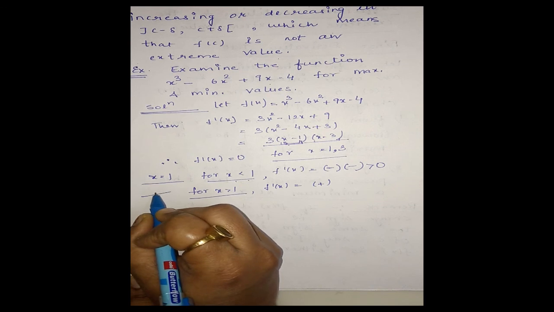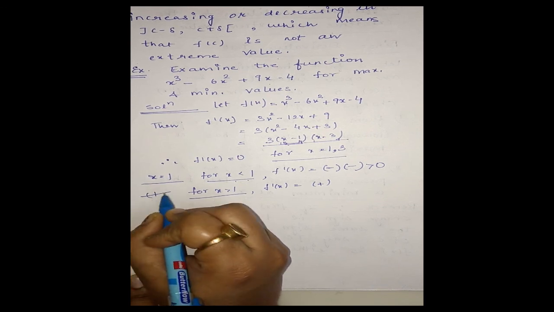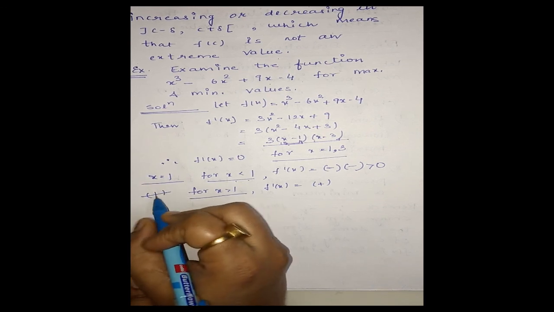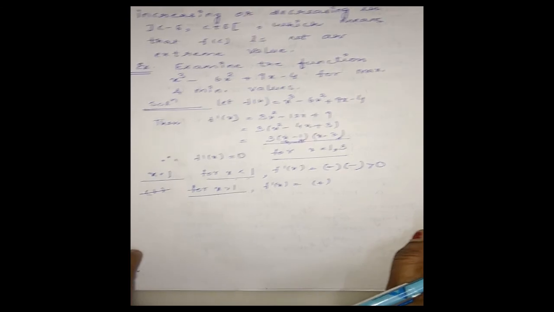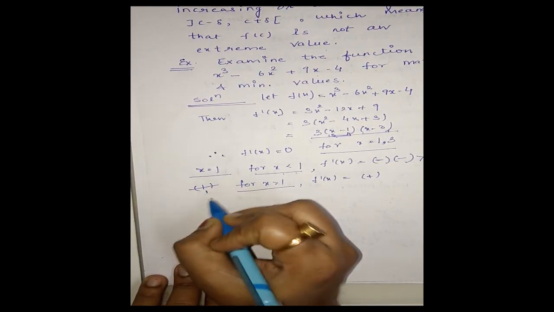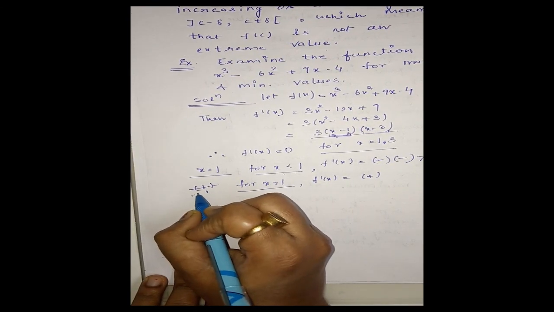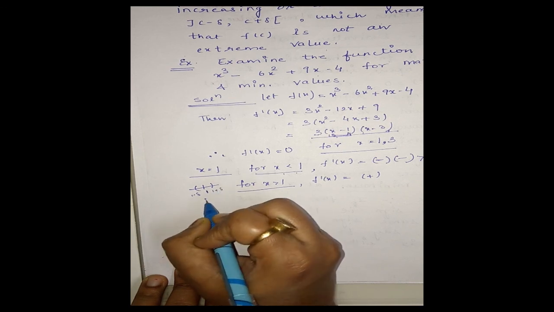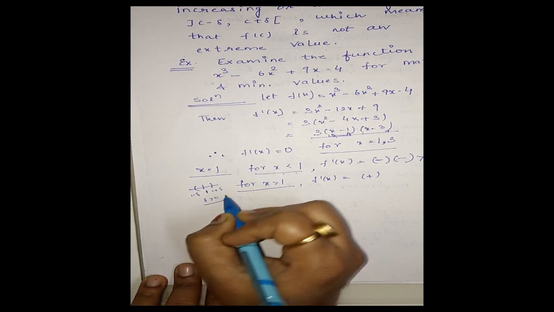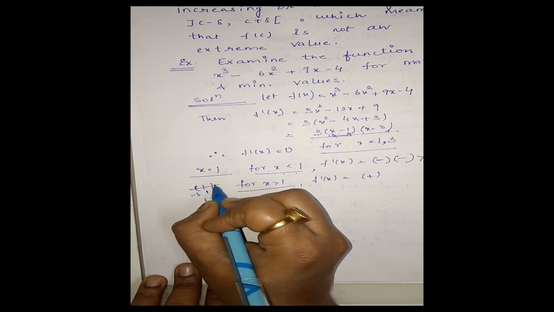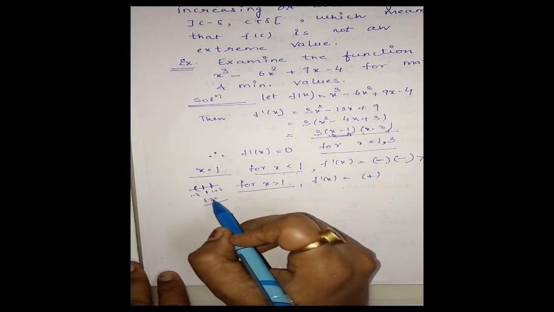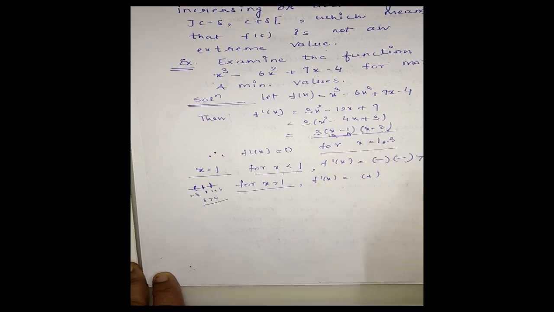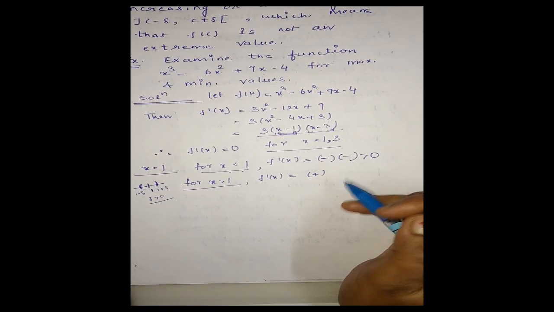Here we are moving around 1 for very small values in the neighborhood, where delta is a small positive number, so the neighborhood is 1 − δ to 1 + δ. That means x − 3 will be negative only.